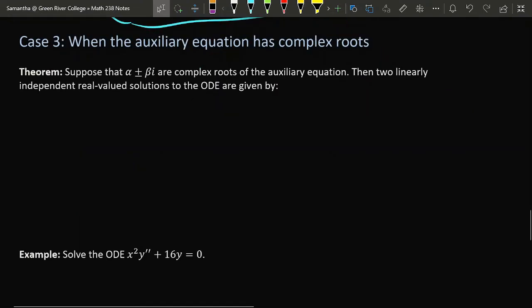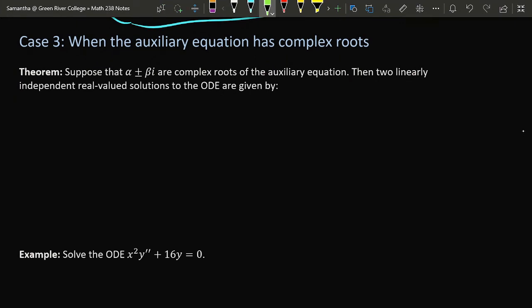The final case is, what if you solve your auxiliary equation and you find that it has complex roots? Roots of the form alpha plus minus beta times i. In this case, once again, I'm going to skip the derivation and just give you the formula.